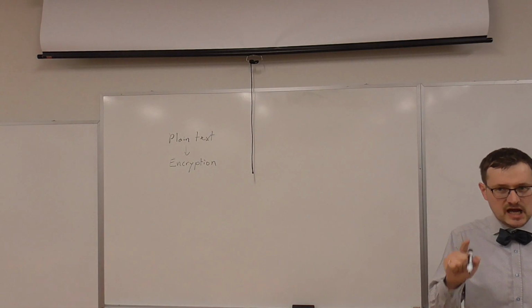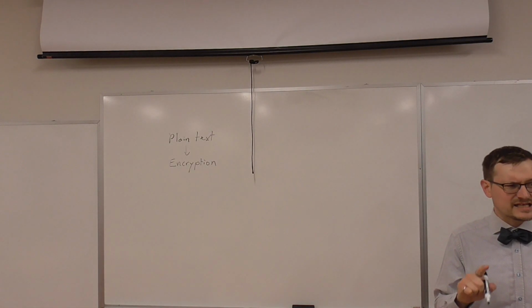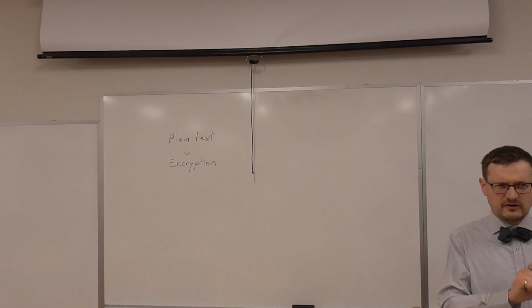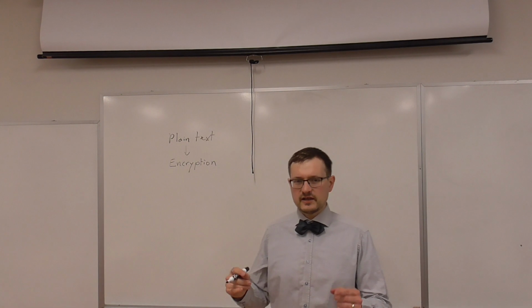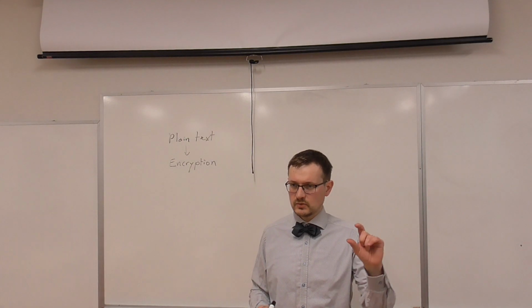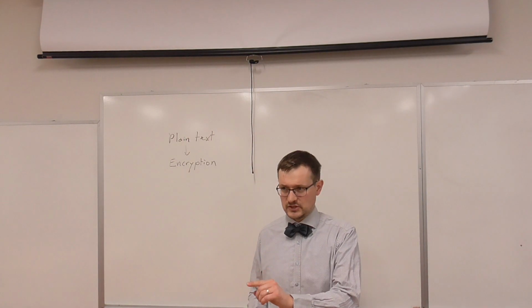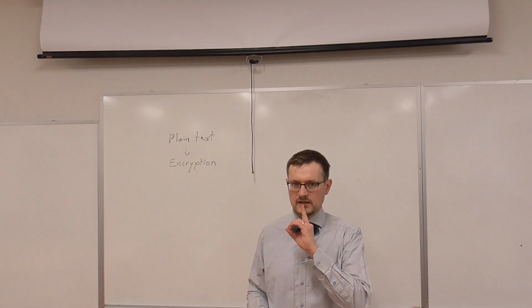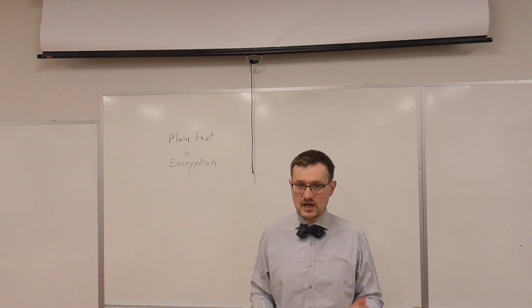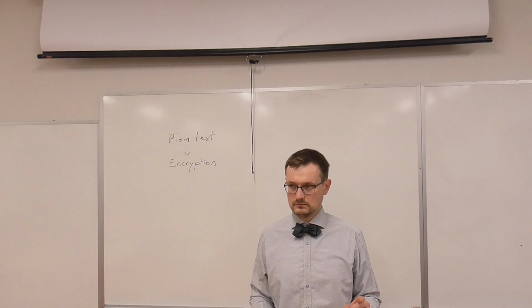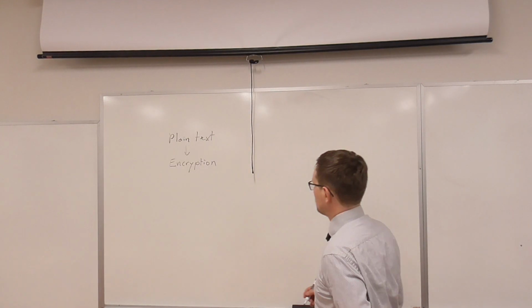Hashing is not the same thing as encryption. This is very, very important: if you get nothing else from this, there is a very big distinction between encryption and hashing. The distinction is hashing is not reversible, right?